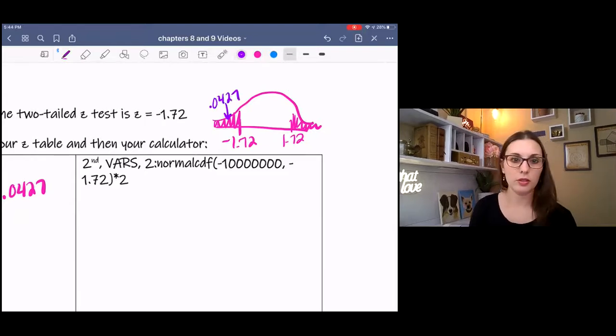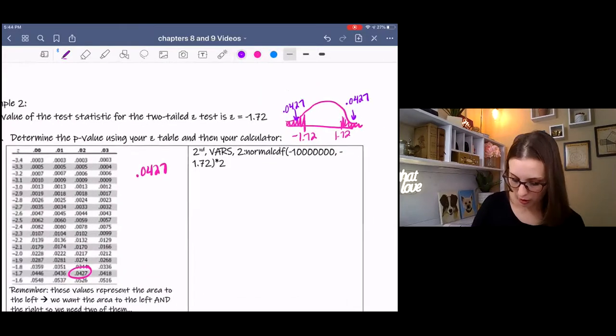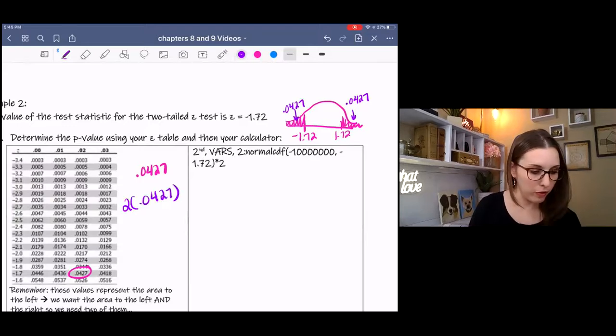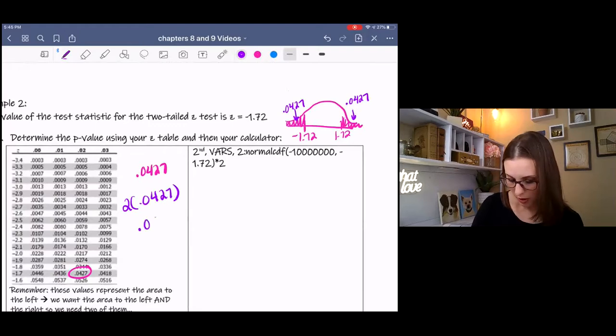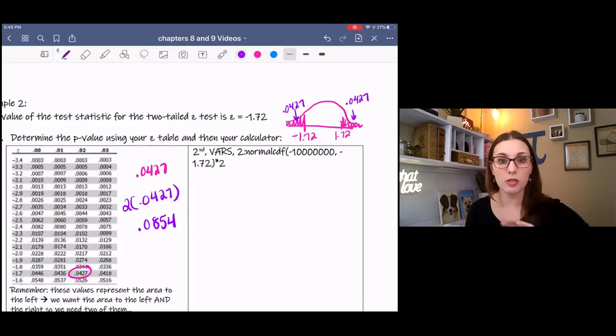Now, I've only found one side. So I also need to consider this side, for a total area of 0.0427 times 2, 0.0854. And then for your calculator, you have to consider the same thing.